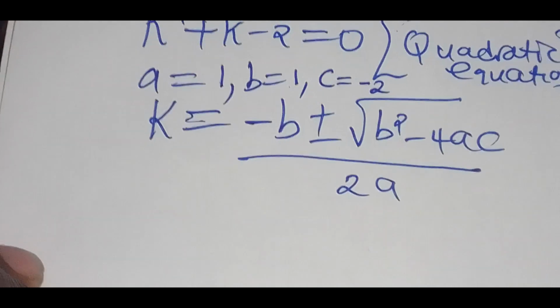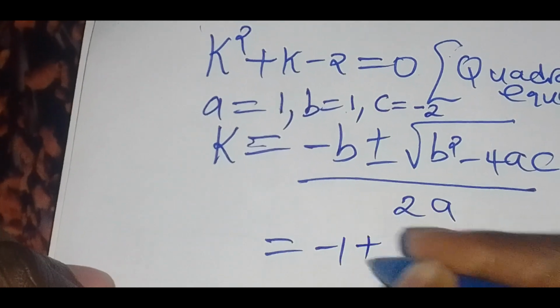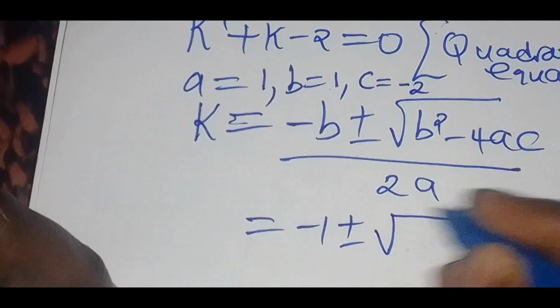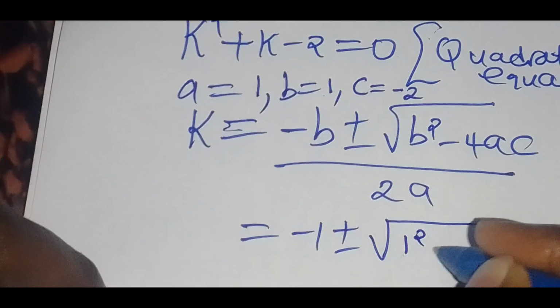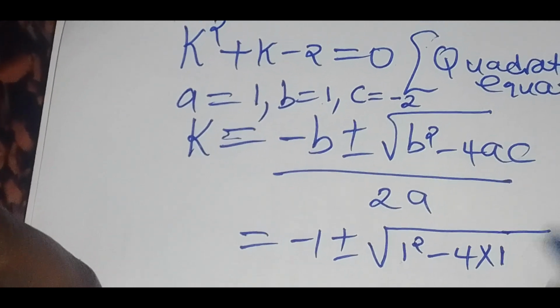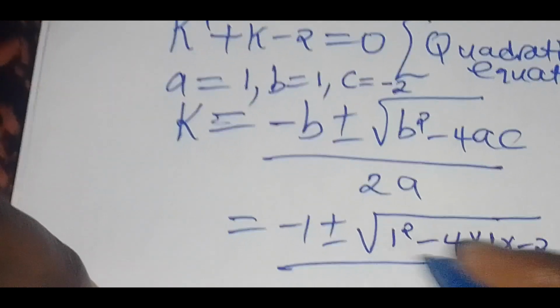Alright? So we'll have minus 1 plus or minus the square root of 1 squared minus 4 times 1 times minus 2, divided by 2.